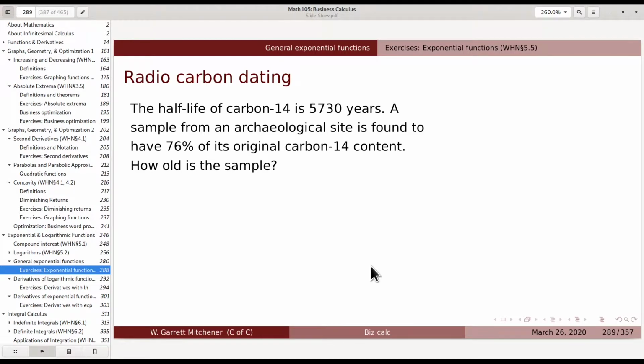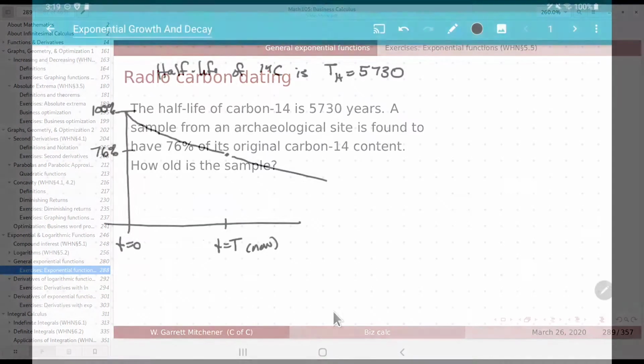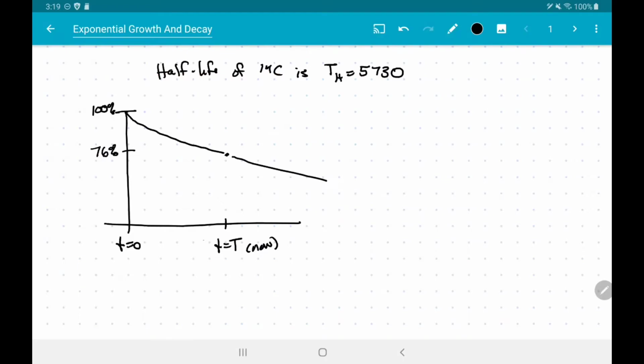This particular problem says that 76% remains. Some of the problems in Hawks will tell you that such and such percent has decayed. You have to be careful because for the 76% that's remained, that means that this is the point that represents now.